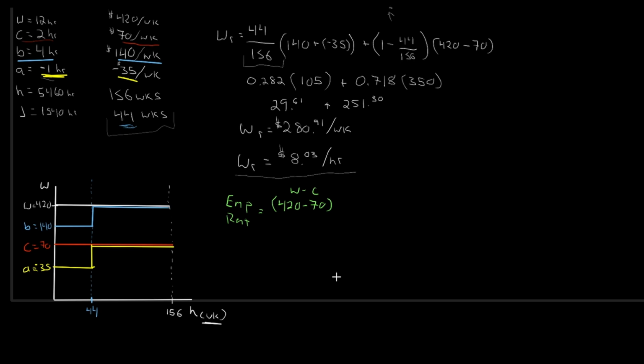That difference is going to be minus our next best alternative, which is to earn 140 minus the disutility of being unemployed. So 140 minus 35. And this difference is only for 44 weeks, because after the 44 weeks, it's one and the same again. So times 44.